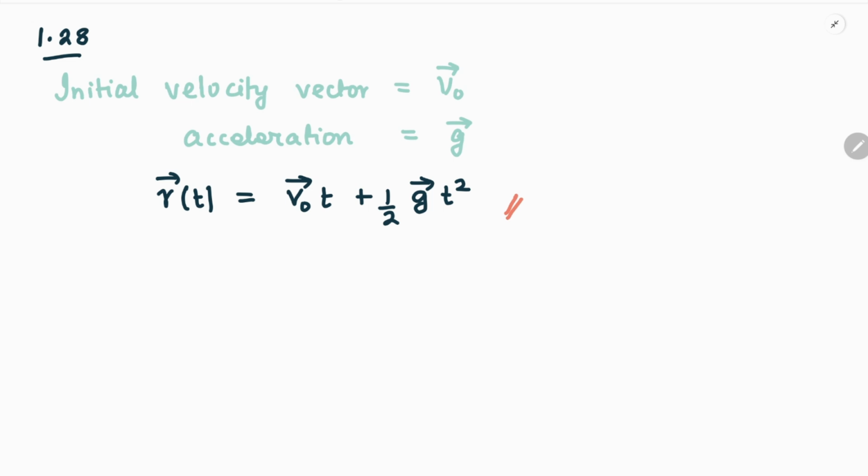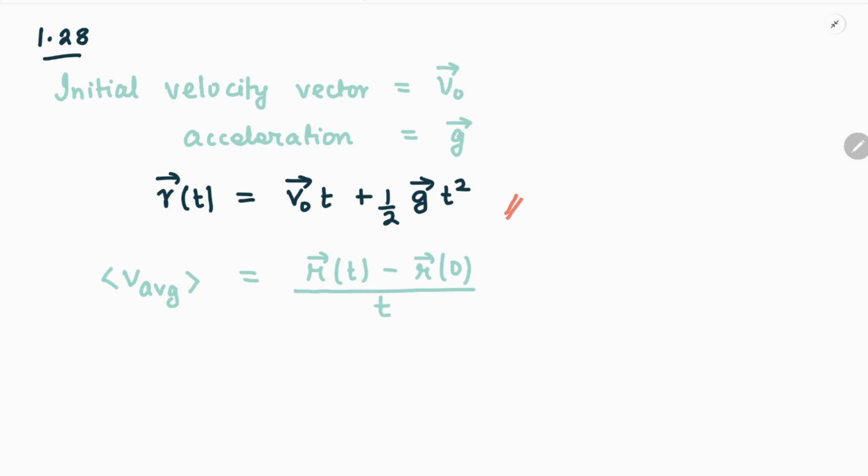Now the second part is asking us the mean velocity vector averaged over the first t seconds and over the total time of motion. So the average velocity in the first t seconds can be written as the position vector at time t minus the position vector at the start of motion, divided by the total time t.